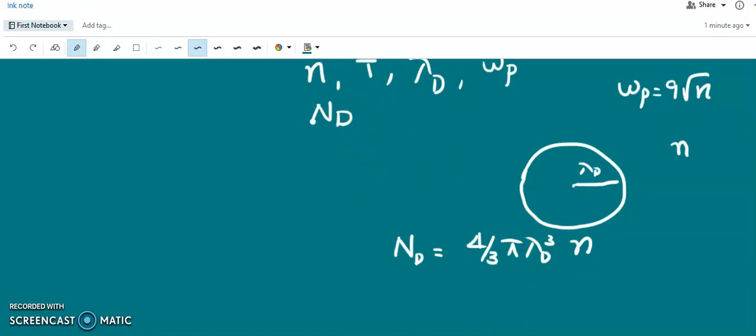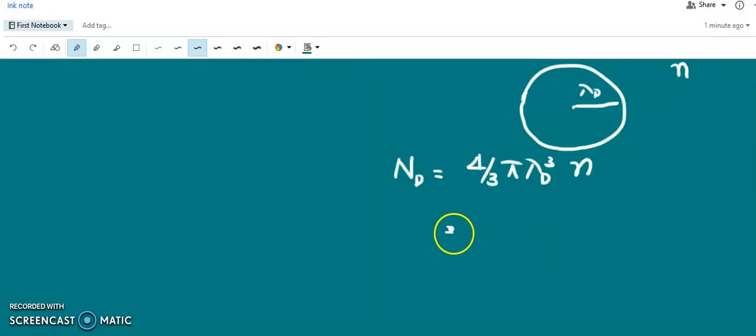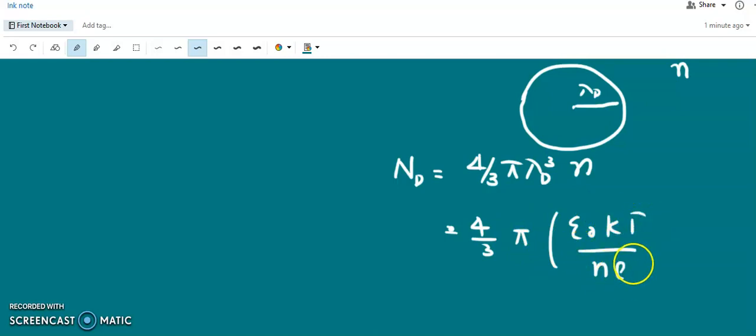Okay, you can substitute the value of lambda D over here. 4 by 3 pi into lambda D cube. Lambda D can be substituted and that is epsilon 0 kT by ne square raised to half. Then there is a cube here, 3 by 2, n.